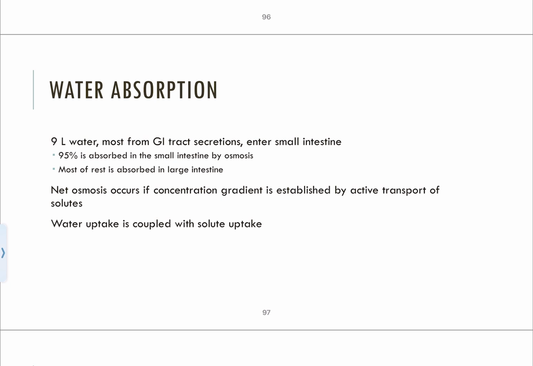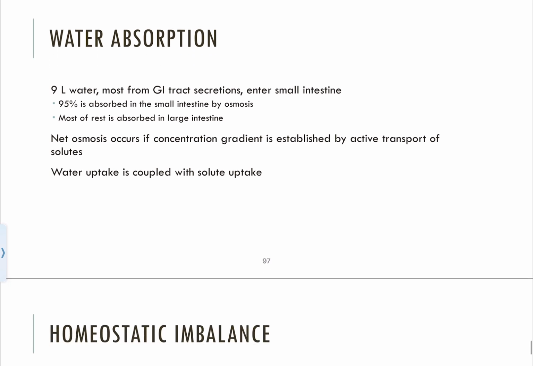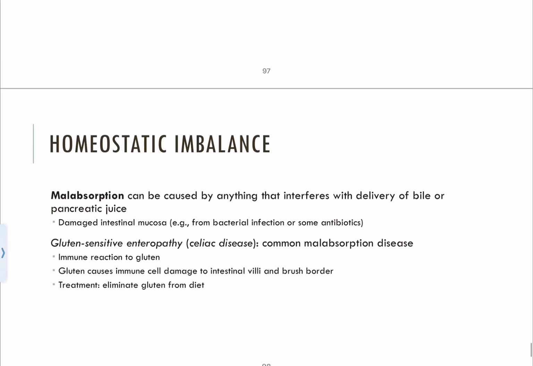Net osmosis occurs if a concentration gradient is established by active transport of solutes, particularly sodium. And water uptake is always going to be coupled with solute uptake. We'll talk about this when we hit the urinary system and talk about the role of the kidney.